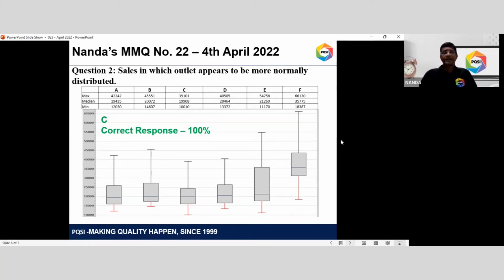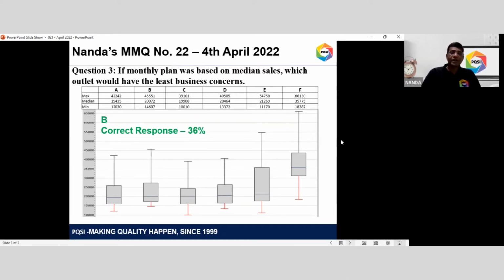The median line, which is the middle line of a box plot, is fairly in the center of the box. So of all the 6 outlets, probably in restaurant C the daily sales tend to follow a more normal distribution. So C was the correct response, and I was delighted that almost all the respondents got this question correct. Moving on to question number 3.